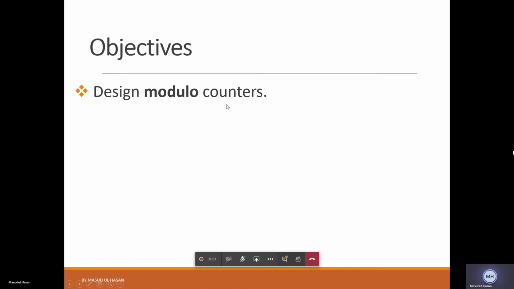CEO1 is the output of this mod 10 counter, right? And when I call the next mod 10, the CE is what? CEO1. So instead of the CE of this counter, I write here CEO1. So it means the CEO of the first is connected to the CE of the next by these same names. Clear? Yes, clear.